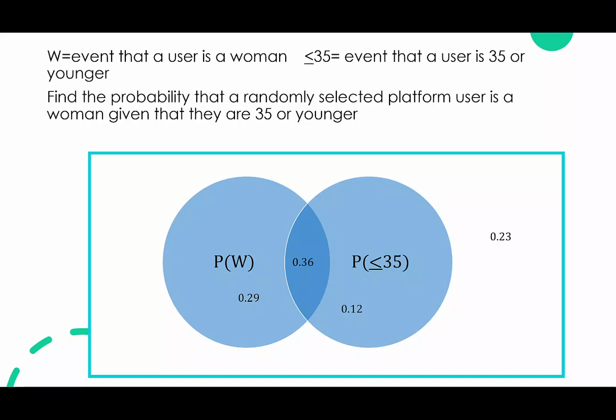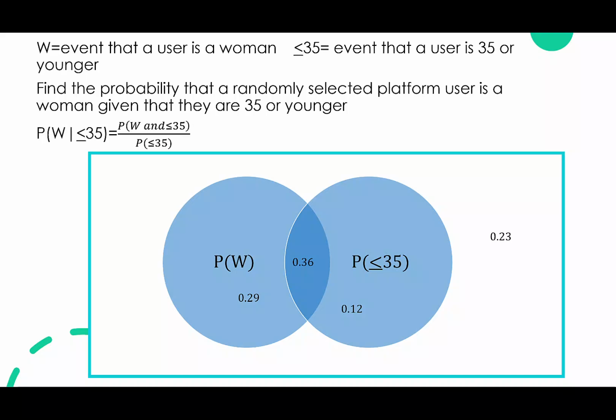So here, we're going to find the probability a randomly selected platform user is a woman given that they are 35 or younger. Let's think back to conditional probability. We're trying to find probability someone's a woman given they're less than or equal to 35. That means we want to know the probability someone's a woman and less than or equal to 35.